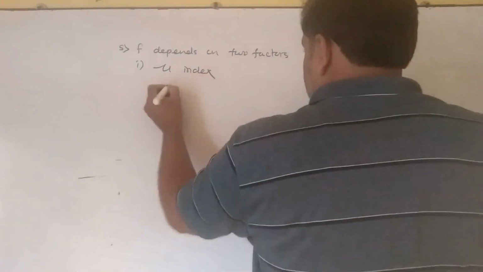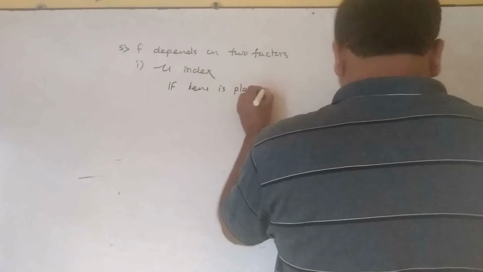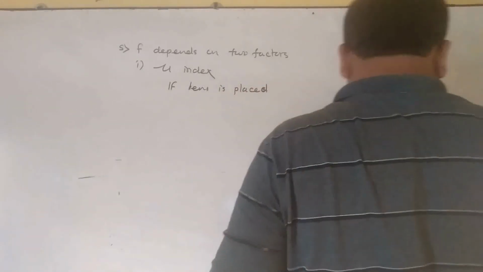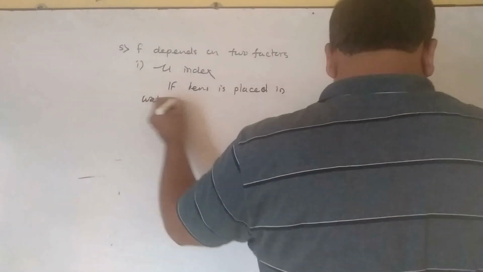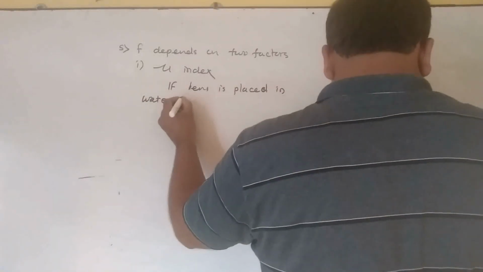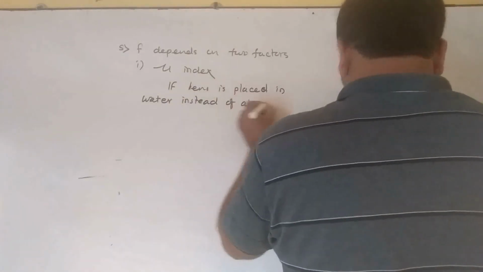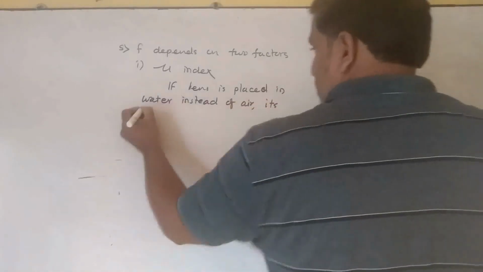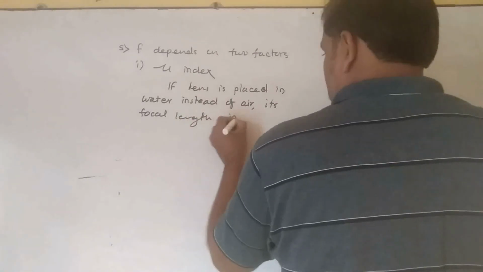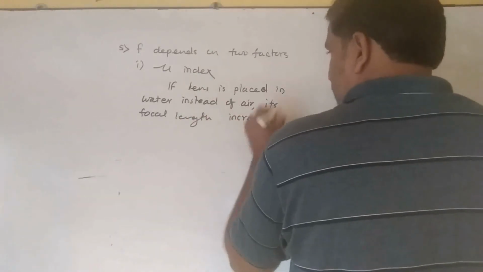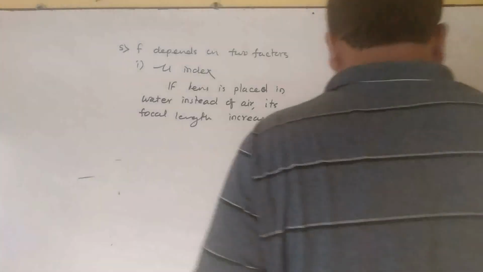If a lens is placed in water instead of air, its focal length increases. We know that the refractive index of water is different from the refractive index of glass, so this happens.